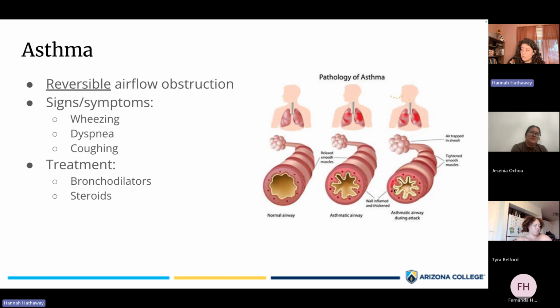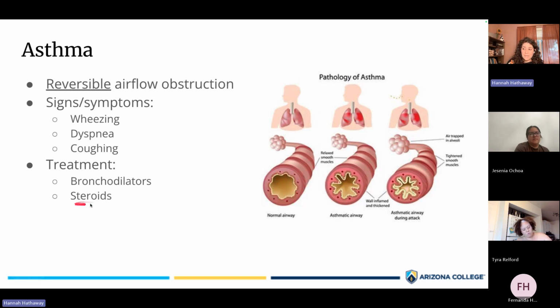This is usually due to chemical mediators within the airway. The nice thing is that you can take medicines that counteract those effects and open the airways back up. So treatments for asthma: when you see someone take an inhaler, usually those inhalers are bronchodilators, meaning they are medicines that help the airways relax.